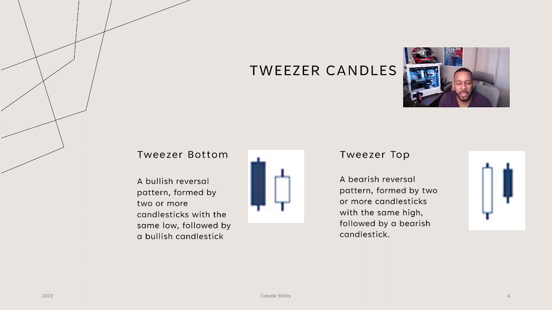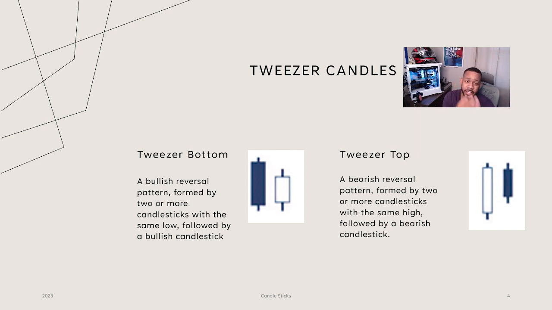It's basically what you'll hear me say in the future called breaker structures, where momentum is going one way. And tweezer bottoms, you have the bearish candle followed by a small bullish candle, and they have nice size bodies and nice size wicks on them. And the momentum of the market has changed.